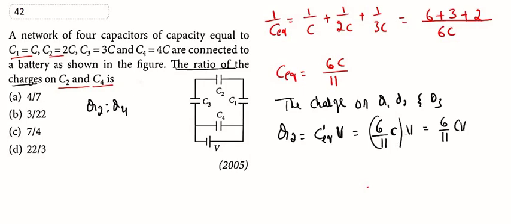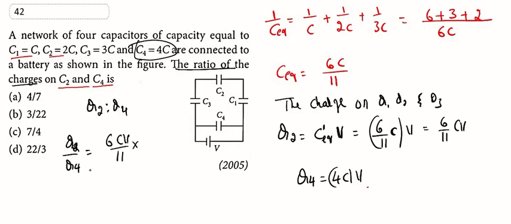So that is Q2 charge. Then what is the charge on Q4? The capacitance here is 4C, into V. Then charge ratio Q2 divided by Q4: Q2 is 6CV divided by 11, Q4 is 4CV.